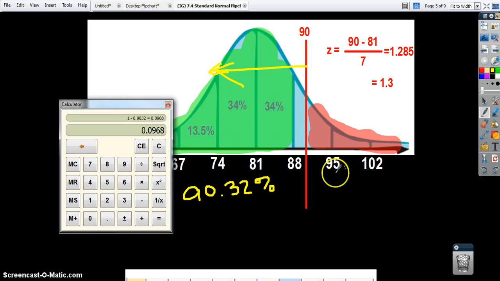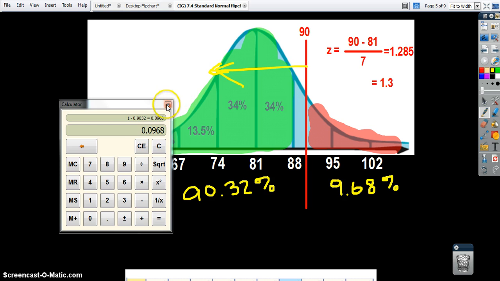So that means the probability of someone scoring above a 90 is 0.0968. Or another way of thinking of it is 9.68, almost 10%, 9.68% of students made an A. And that answers my question.